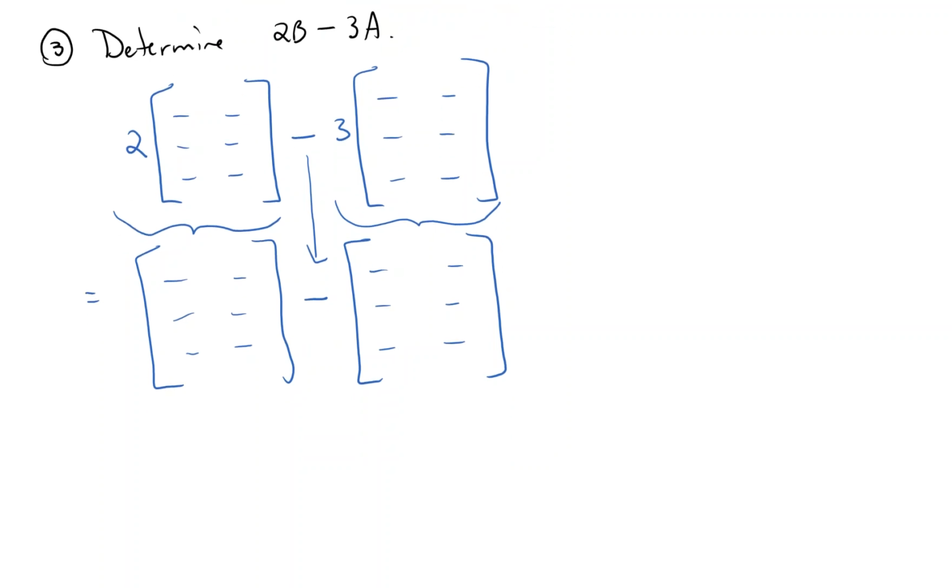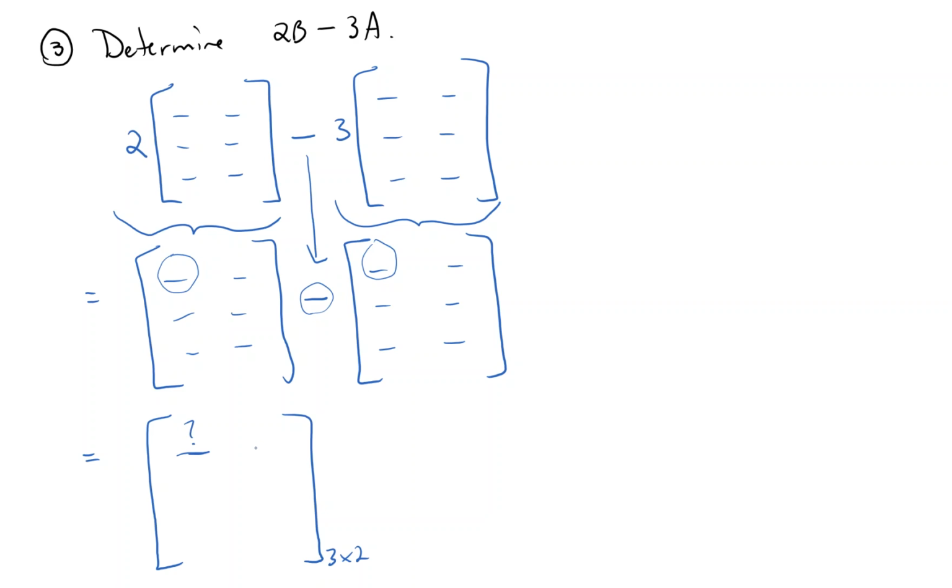Okay, so now that we've done the scalar multiplications, we have to subtract the two matrices. The result is going to be a 3 by 2 matrix as well. To get the first row, first column entry, take the corresponding first row, first column entries here and subtract them. Take the first entry minus the second entry and put the result here.